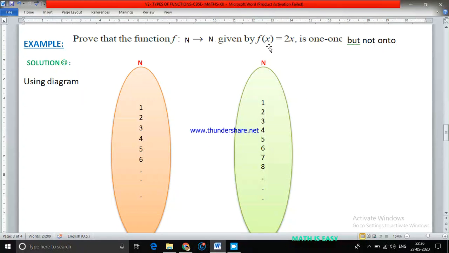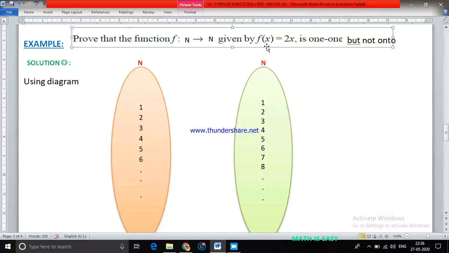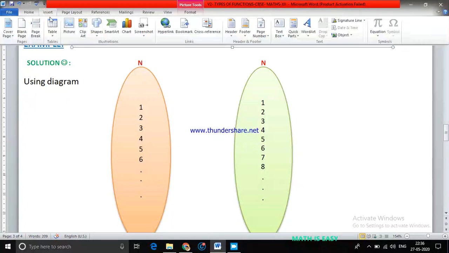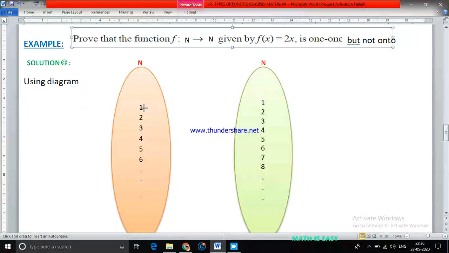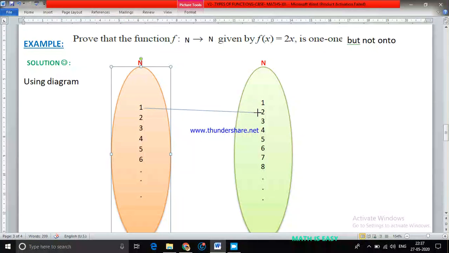If I take x value 1, f(1) is 2. If I take x value 2, f(2) is 4. That means 1 maps to 2.